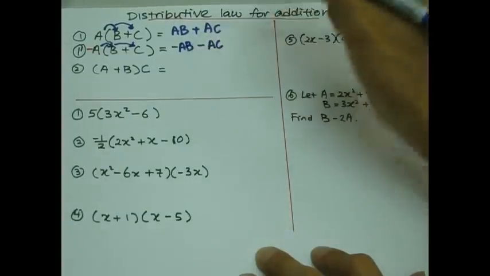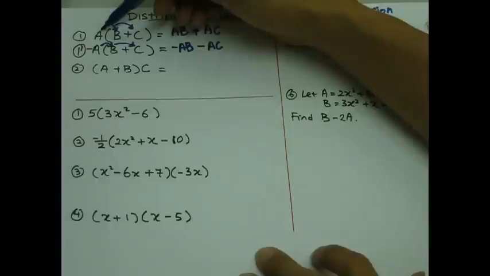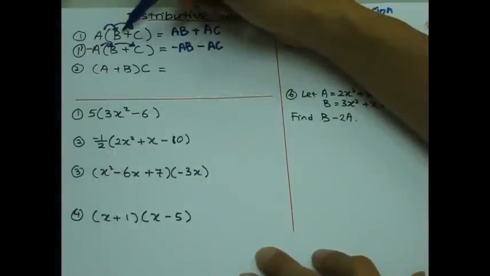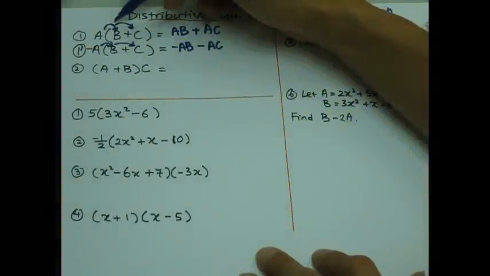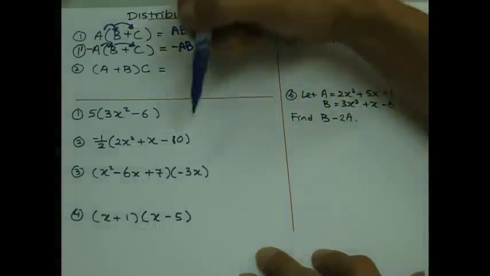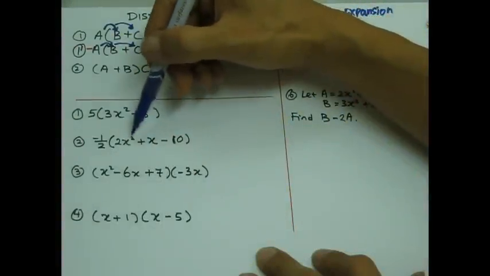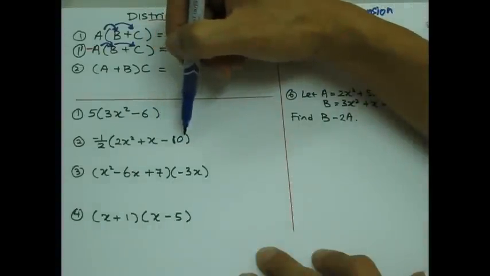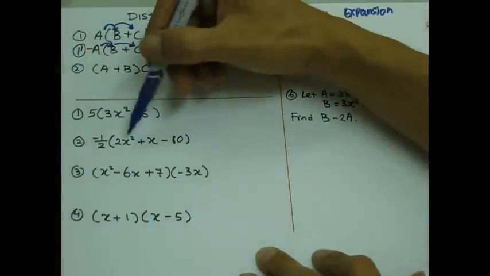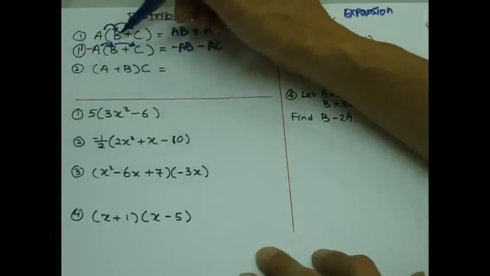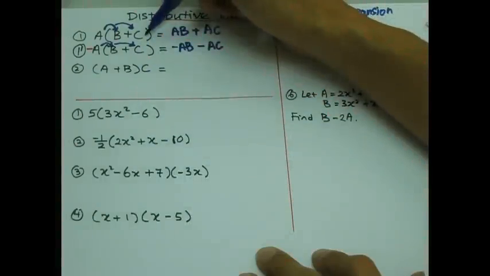Now this A and B can be a number, or it can be a term, just like 3x squared, or B and C here could also be an expression. For example, 2x squared could be B, x minus 10, which is a linear expression, can be C, or alternatively 2x squared plus x can be B, and negative 10 can be C.